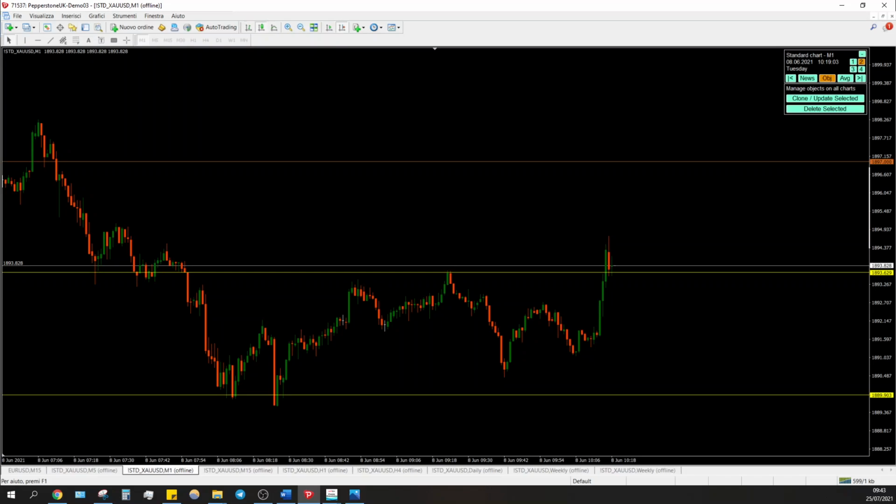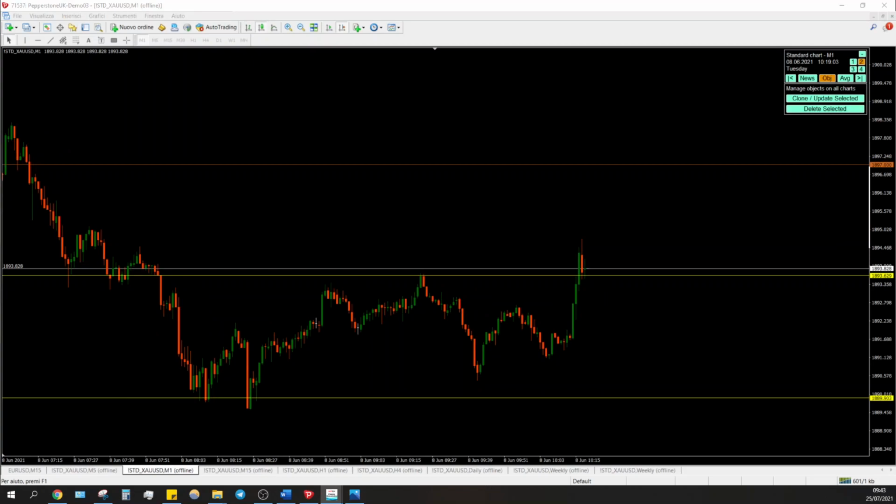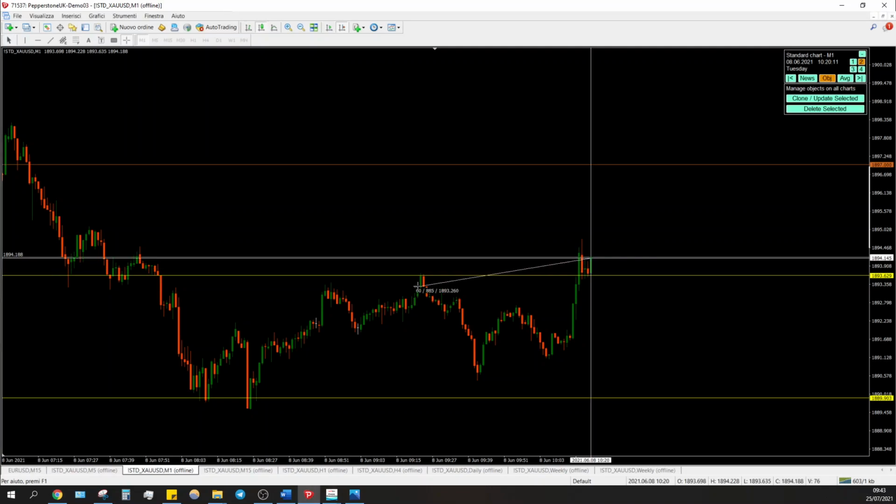Let's move slow to see how the next candle is behaving. Okay, makes a lower wick, fails to break below, and we can take now a nice entry with 9, 10, even 10 pips.